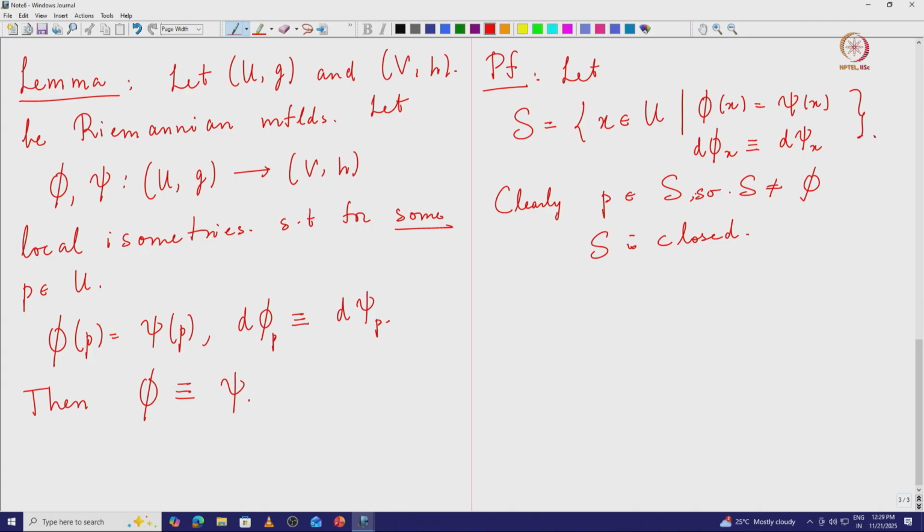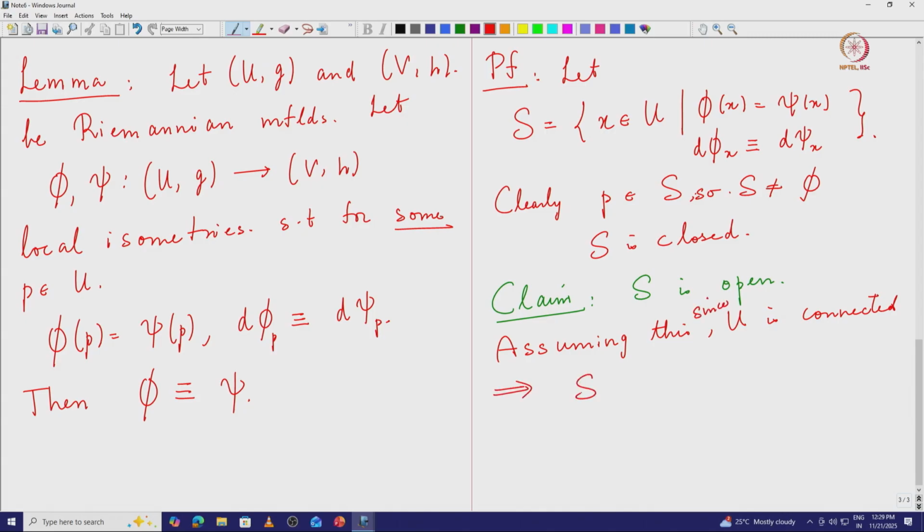My claim now is that S is open. Assuming this, we are done, because U is connected, so S will have to be all of U. In particular, phi is identically equal to psi on all of U.